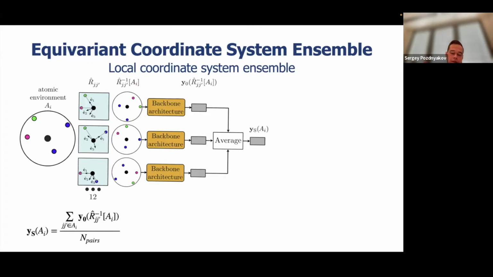So now there is no longer this problem of jumping from one coordinate system to another one, but there are still a few sources of discontinuities, which are illustrated here. So first of all, imagine that there is some new atom which flies from outside the cutoff sphere, and at some moment it intersects the cutoff sphere and appears inside the cutoff sphere.